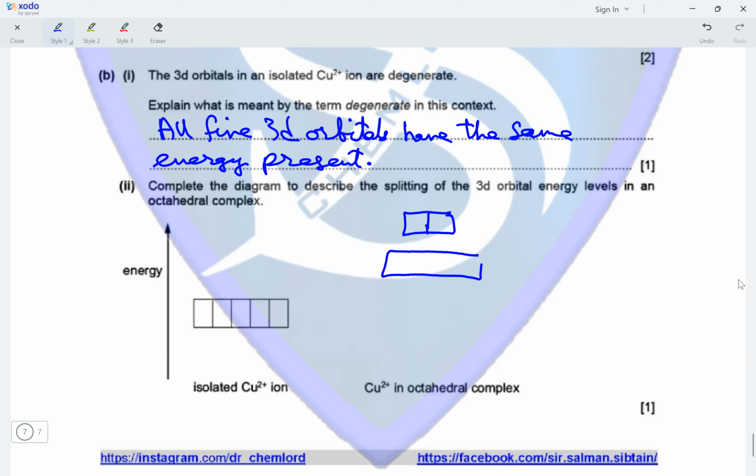This is because the two orbitals in the higher set are the ones that are present along the axes, which are the dx2-y2 and the dz2 orbitals, and the three orbitals below are the ones located between the axes, which are the dxy, dyz, and dxz orbitals. The energy gap between these sets of d orbitals is labeled delta EO for an octahedral complex.